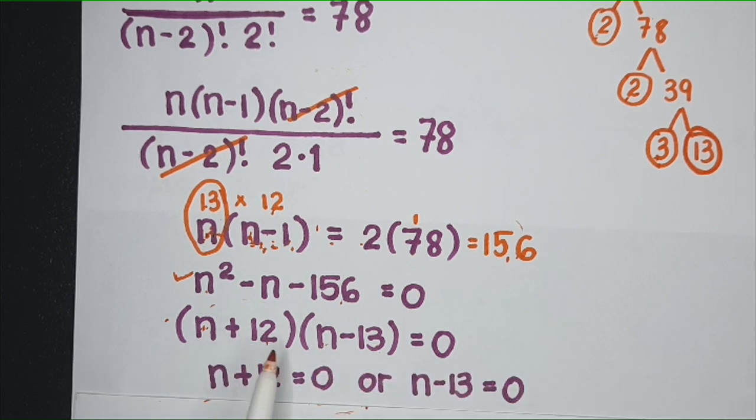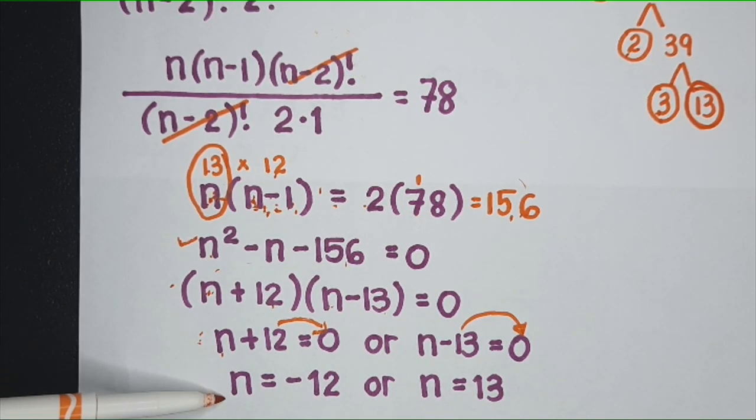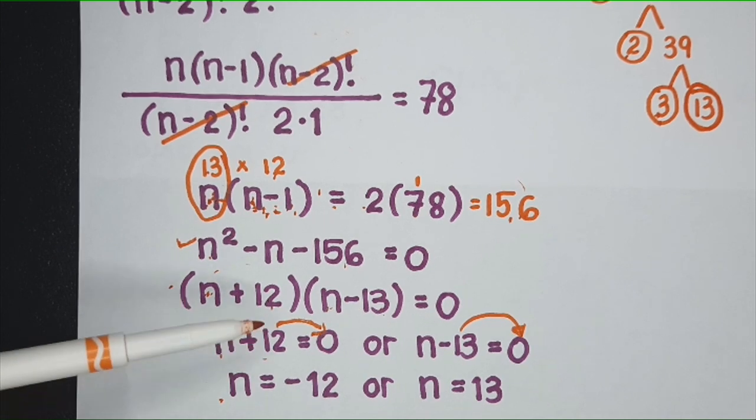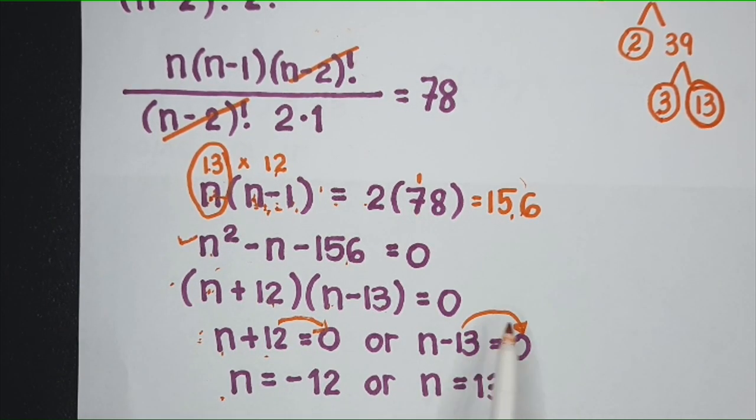Ito, the n plus 12 is equal to 0, or the other factor, which is n minus 13, is equal to 0. And then you solve for n. Here, okay, we get negative 12, right? Because we transpose positive 12 to the other side. Dito naman, we transpose negative 13 to the other side, it becomes positive 13.